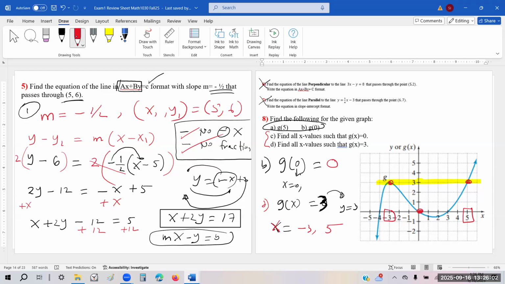So when y is given, draw your y line and then see how many intersections you have in the graph for that y. You have to count all those x values. For example, in C, it says y is 0. When y is 0, how many x's do you have? y 0 is here, right?